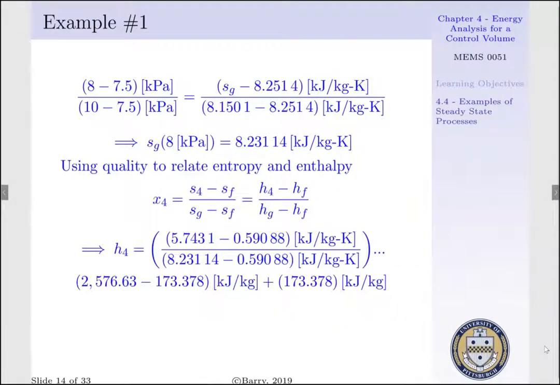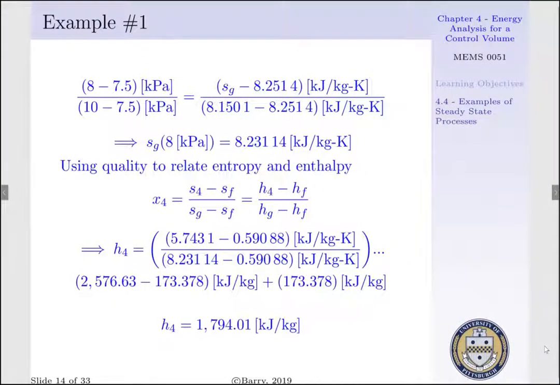Or our enthalpy at state 4 is given as 5.7431 minus 0.59088 kilojoule per kg K per 8.23114 minus 0.59088 kilojoule per kg K times the quantity 2576.63 minus 173.38 kilojoule per kg plus 173.38 kilojoule per kg. Or our enthalpy at state 4 is found to be 1794.01 kilojoule per kg.